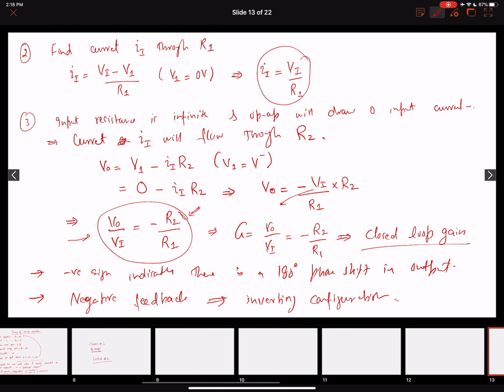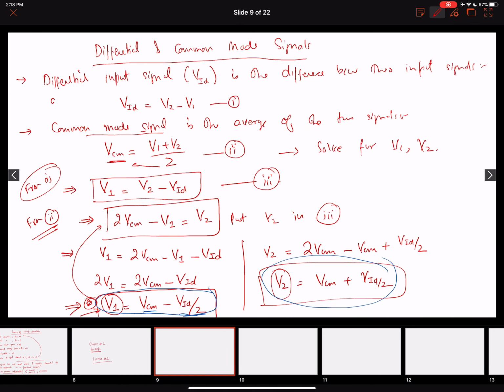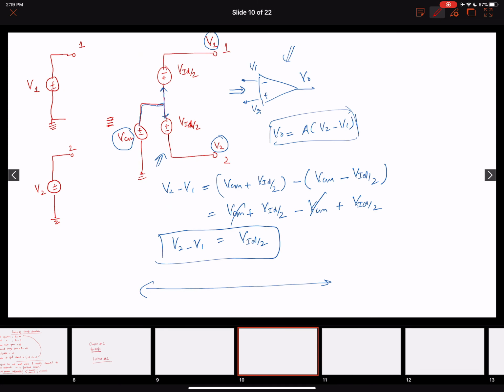In this lecture, let me give you a couple of minutes recap before wrapping it up. So we started with talking about the differential and the common mode signals. Differential signal is the difference of the two signals. Common mode signal can be represented as an average of the two signals, and we ended up deriving its equations and developing its circuit representation.